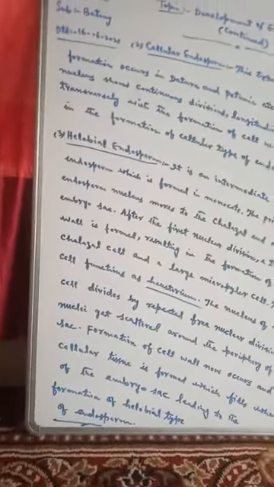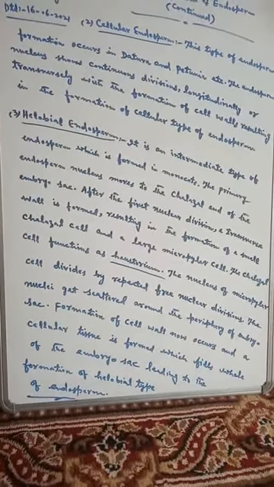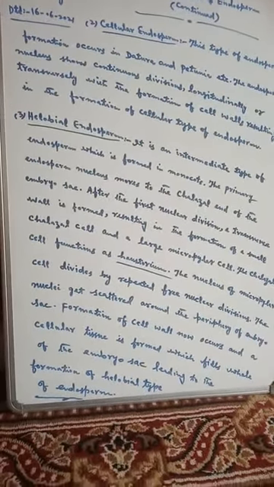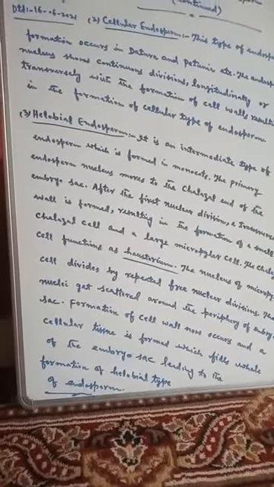Now, the third type of endosperm is the halobial endosperm. This type of endosperm is an intermediate type of endosperm which is formed in monocots.